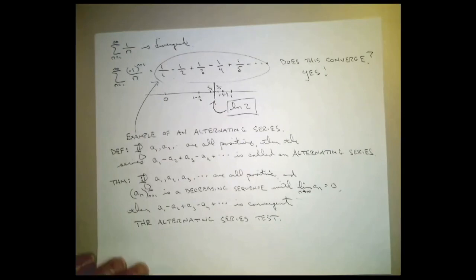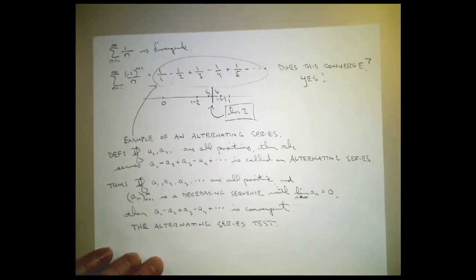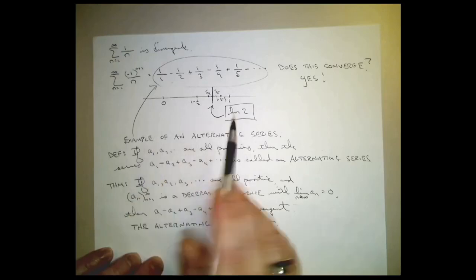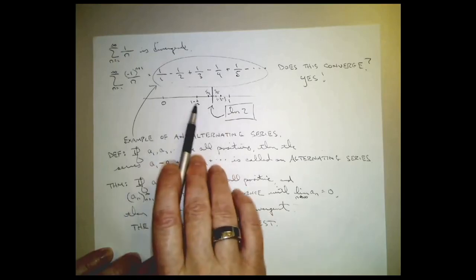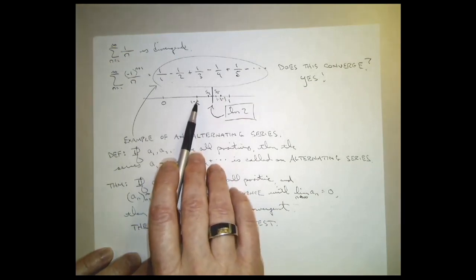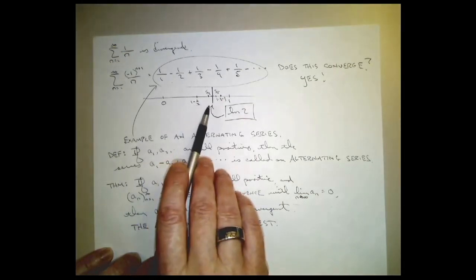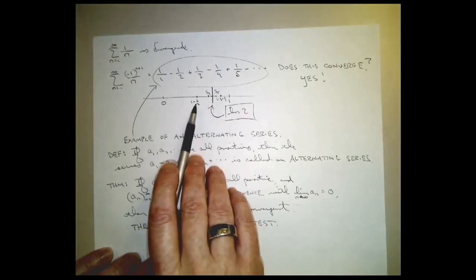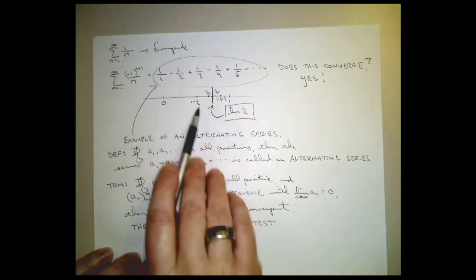So let's go back to this slide. Notice this second partial sum, for example. First of all, it is less than the sum of the series, log 2.